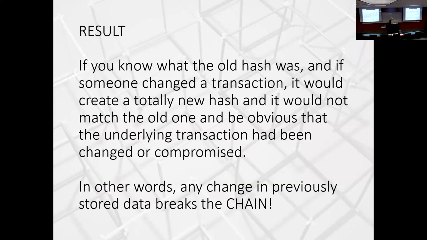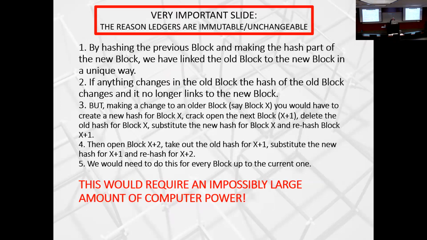So any change in the chain breaks the chain. So by hashing within a block and having that tied to the next block, then you have guaranteed that any change in a block is immediately visible. That is, the chain breaks.